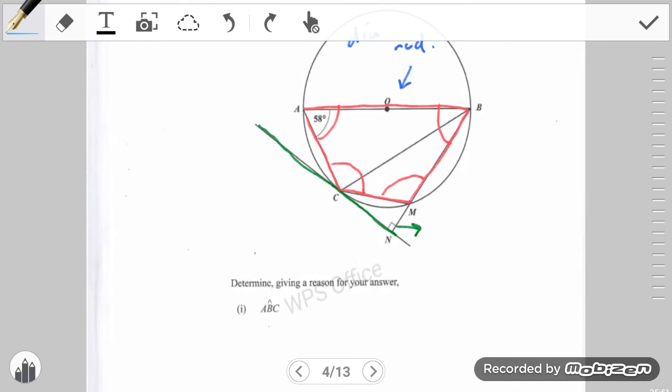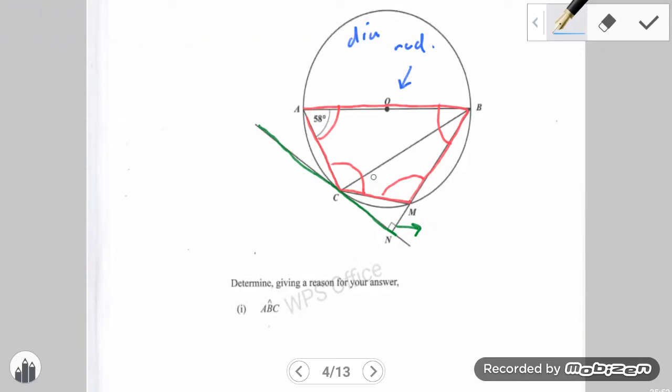The angle created between the tangent, the green line here, and the chord BC, the chord usually tends to create an angle at the circumference, and in this case it created an angle at the circumference down here.